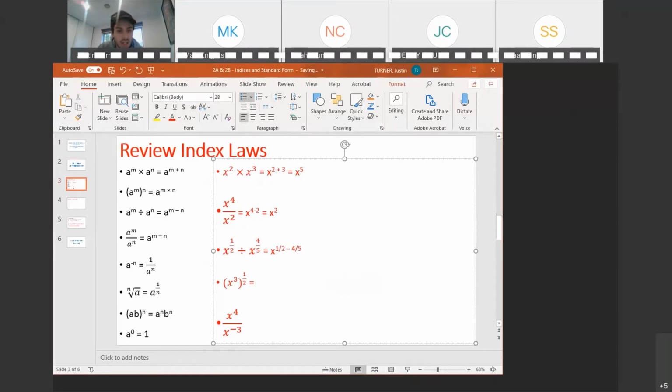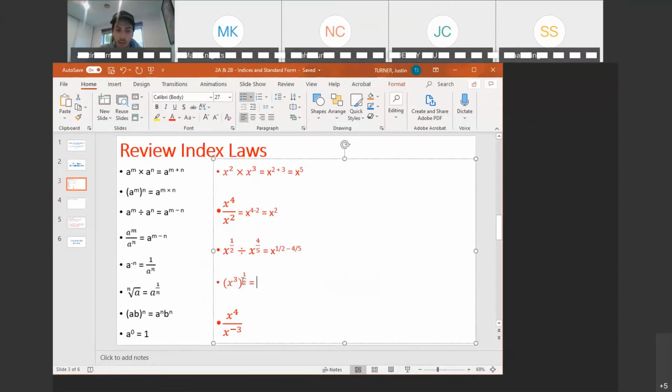This one is a bit different. It might look a little bit different to how you've seen it before, but if you have a, say, to the power of m, in brackets, and the whole thing is raised to another power, you need to multiply the indices.